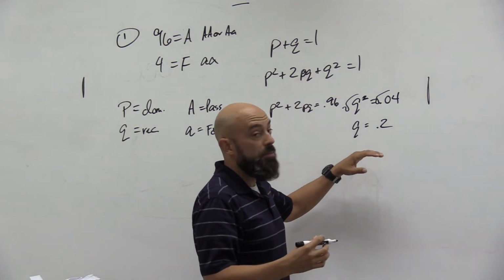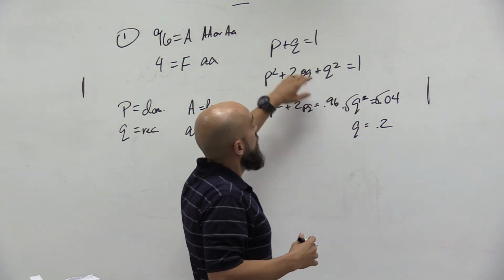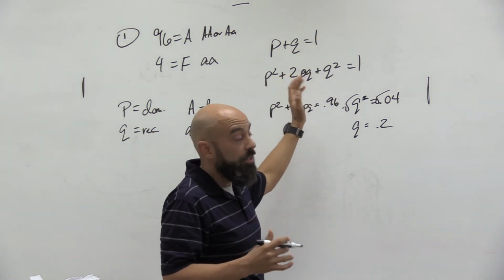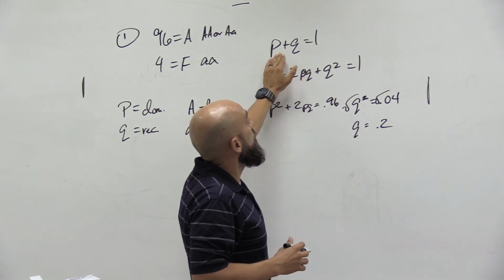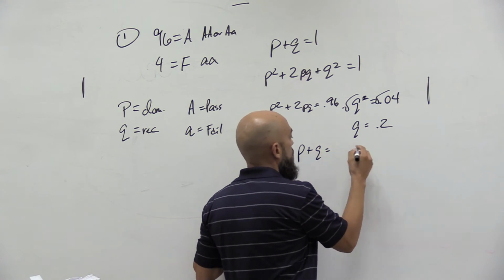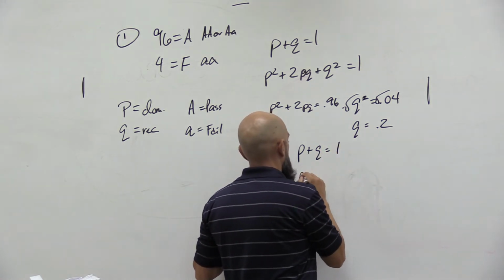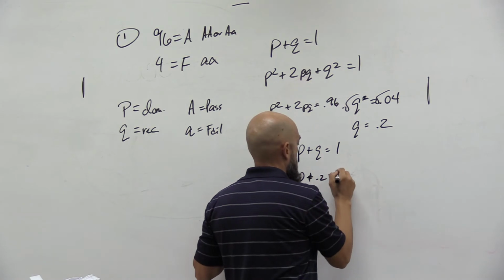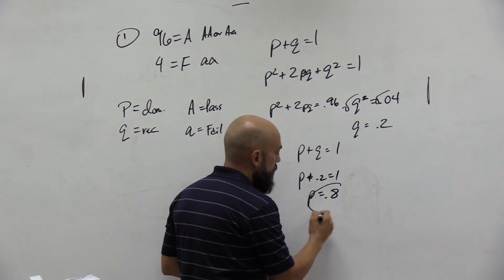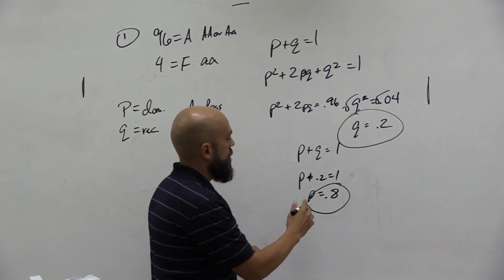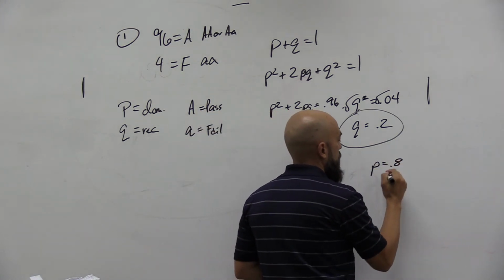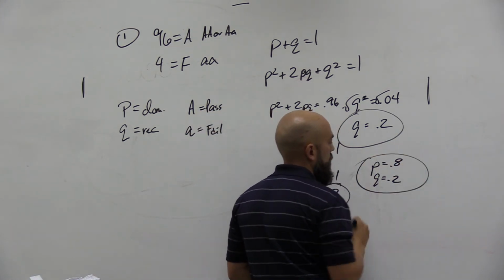Now, right away, I should be able to find P. You can put Q into the other equation, but you're still going to have a big mess. Instead, just use P plus Q equals 1. If Q is 0.2, I can substitute 0.2 in for Q, and I get P, which is 0.8. So P equals 0.8 and Q equals 0.2.